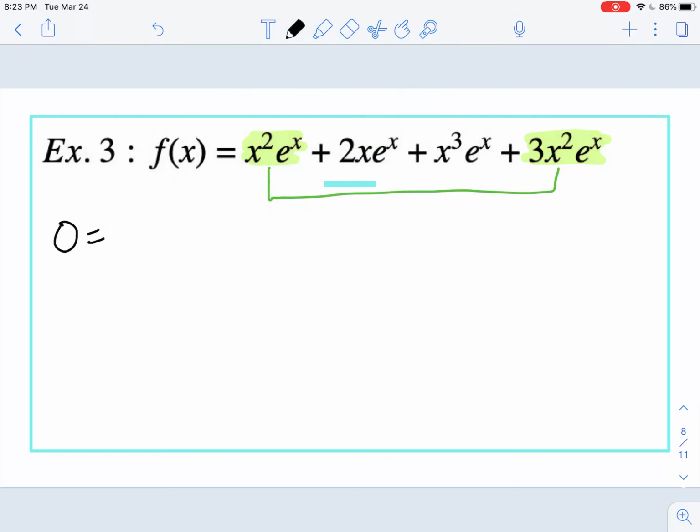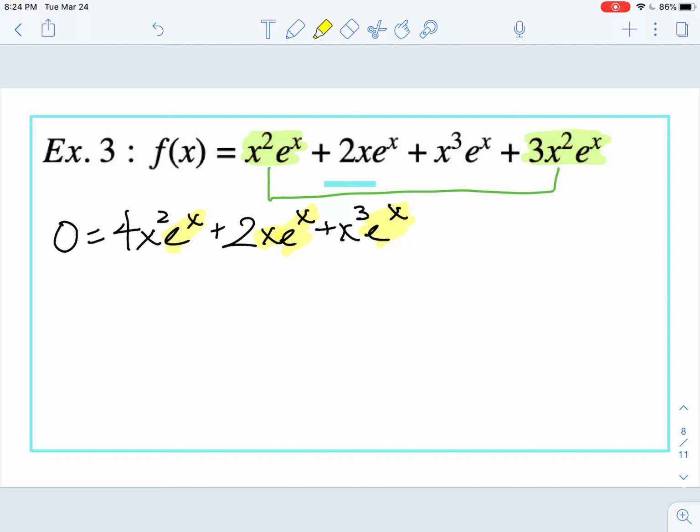So I'll have 0 equals, instead of x squared e to the x, I'm going to have 4 of them: 1 from the front, 3 from the back, plus 2x e to the x plus x cubed e to the x. Okay, time to look for that greatest common factor. So I notice there's an e to the x in all of them.